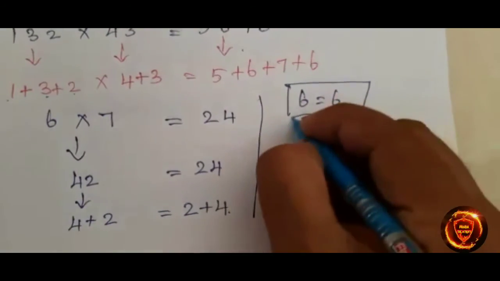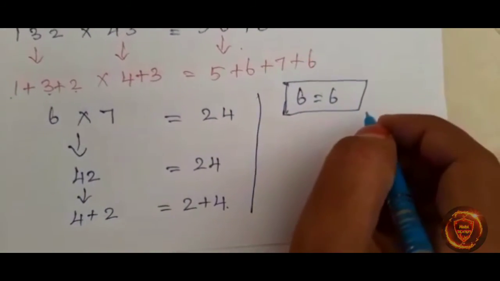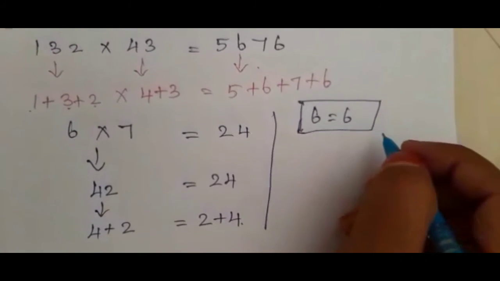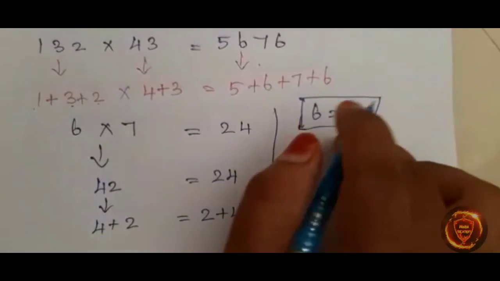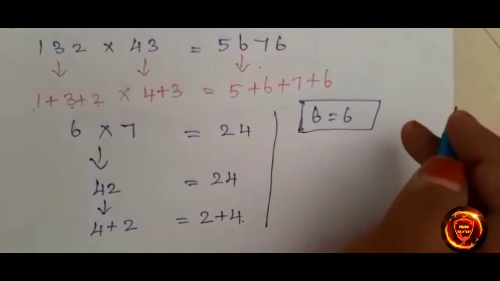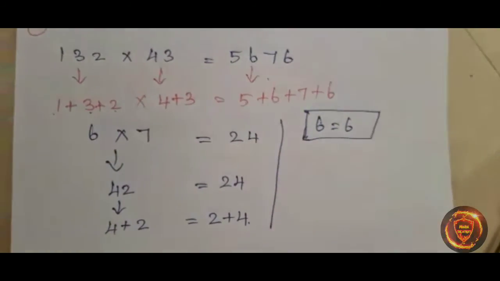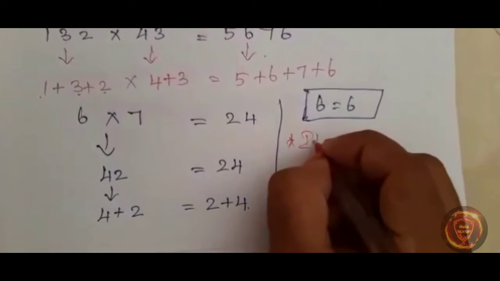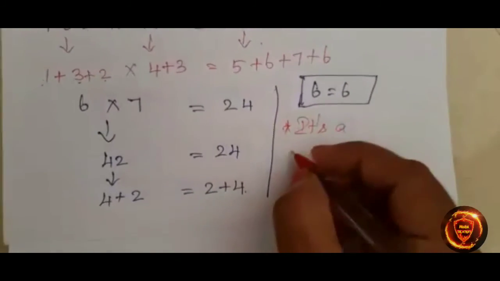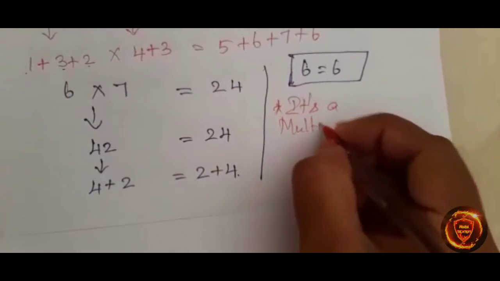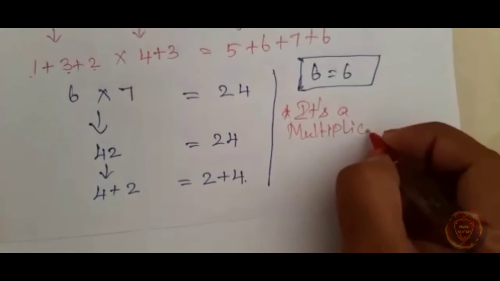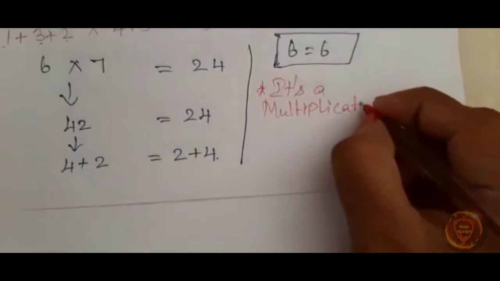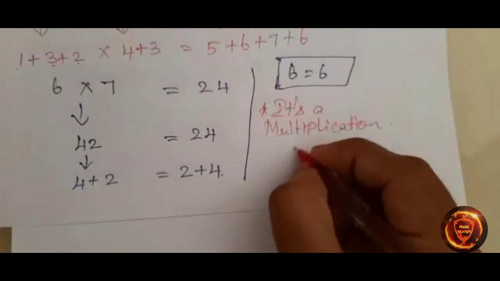So what is the answer? 6 is equal to 6. Both sides are equal. So it is the multiplication fact of the casting out 9 method.